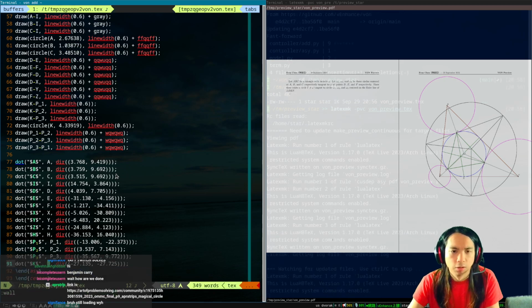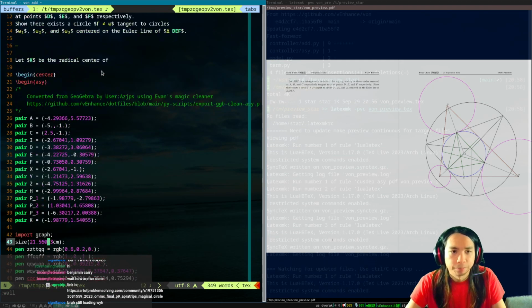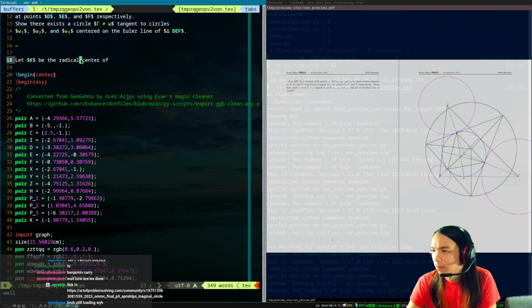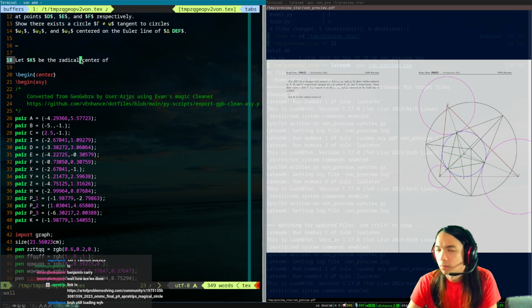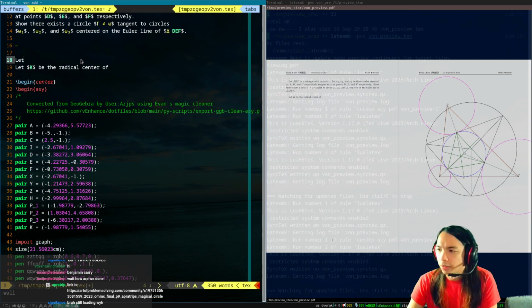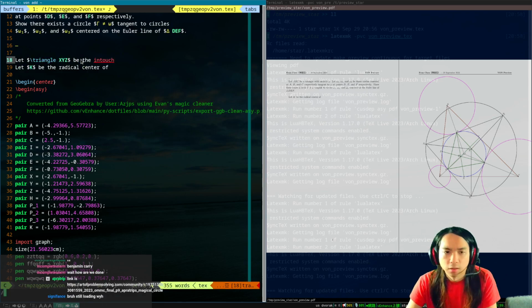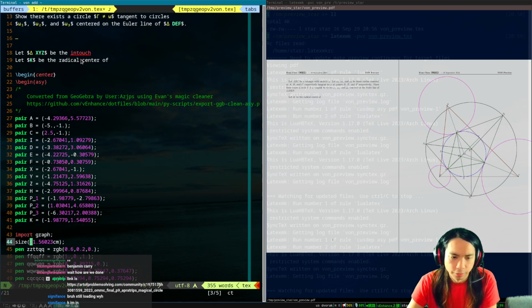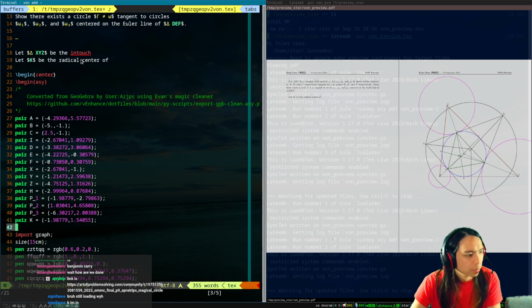Huh, weird. Okay, so we'll let triangle XYZ be the intouch triangle. It probably doesn't need to be 21 centimeters. 15 is fine.